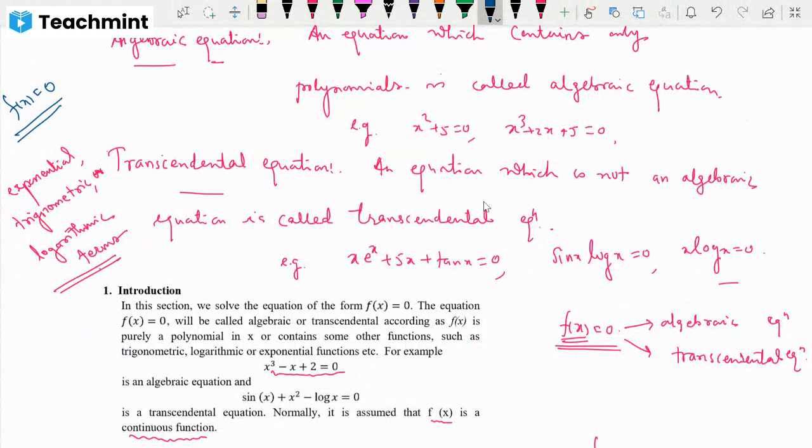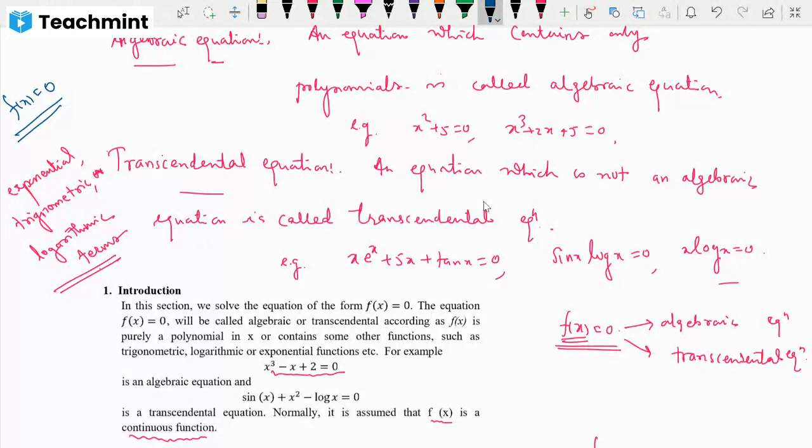And if f(x) contains, for example, a combination of exponential function, polynomial function, trigonometric function, logarithmic function, then the resulting equation will be a transcendental equation. An equation which is not an algebraic equation is called a transcendental equation. It means it will contain exponential terms as well as trigonometric terms or logarithmic terms.